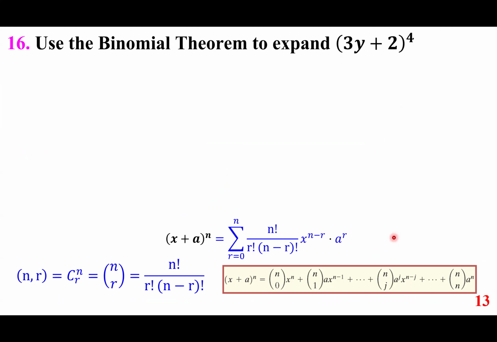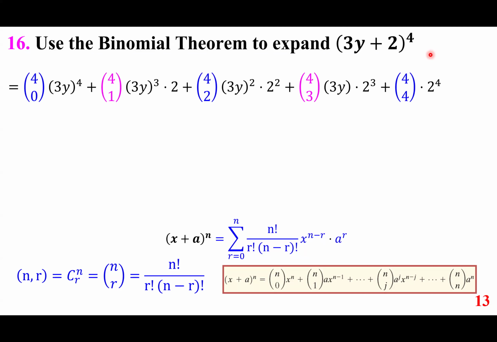Following that, C(4,0)(3y)^4, which really means 1 times (3y)^4, C(4,1)(3y)^3 times 2, C(4,2)(3y)^2 times 2^2, and so on. What is important for everybody to know is the following.